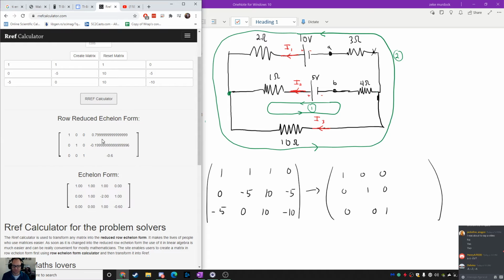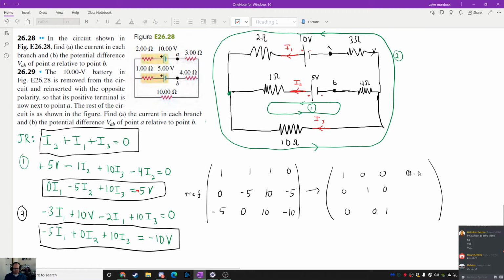All right, so it looks like to the precision that this calculator does, it's 0.79, which is just 0.8. And you got negative 0.2 and negative 0.6. This means that I1 was equal to 0.8 amps.